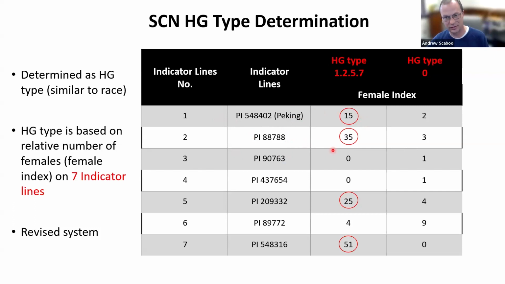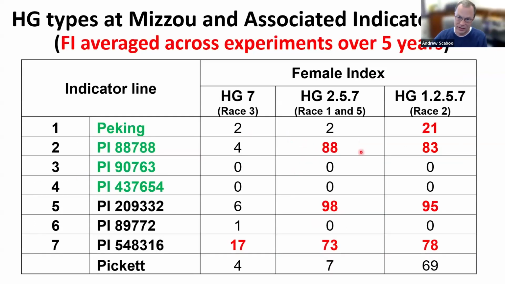So in Missouri, these data that I'm presenting here are averaged over the last 5 years in our lab. And these are the female index scores for three HG types that we use consistently to do genetic mapping as well as phenotyping. And as you can see, I hope you can see, HG7 is a similar race as HG0. It only reproduces on the indicator line 7.